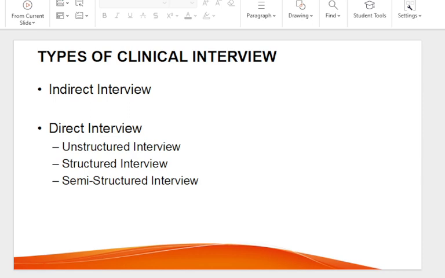So you start with a prepared question, but judging from the trend of the therapy room, you are able to navigate back into an indirect interview, where you allow the client to go through their narration, giving them autonomy in the therapy room and allowing them to be the expert of their own condition.